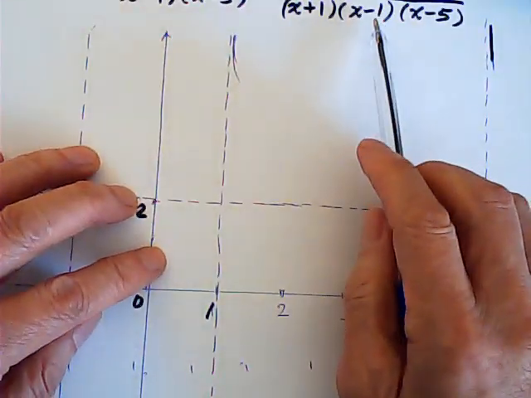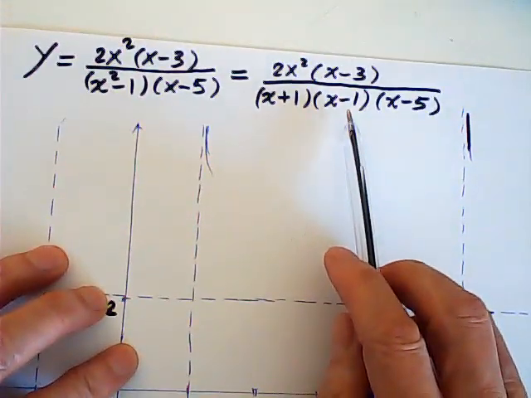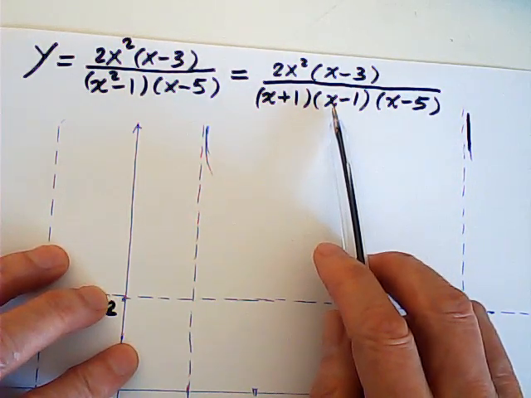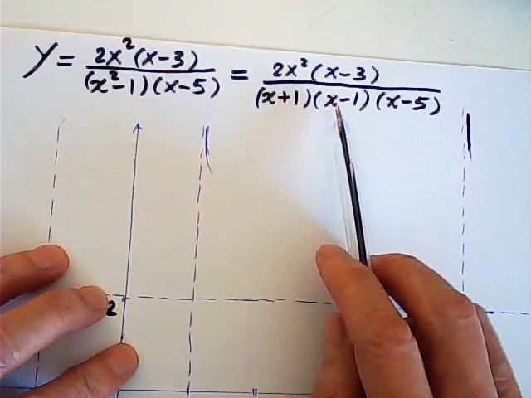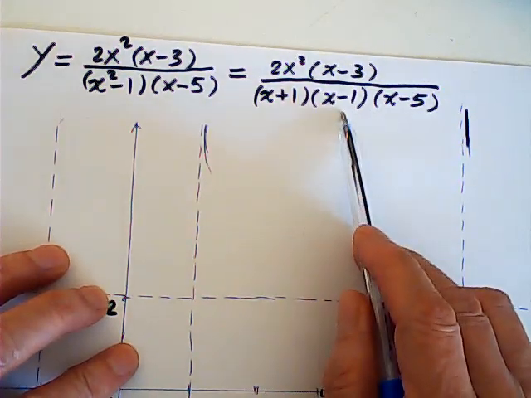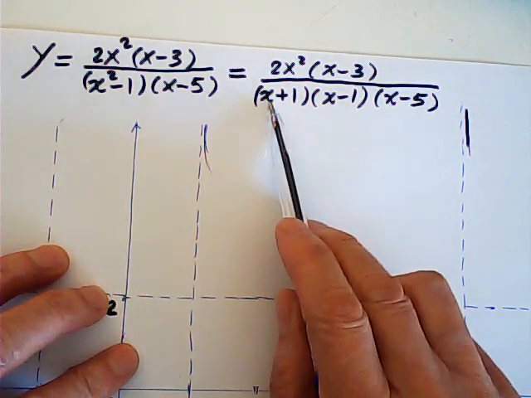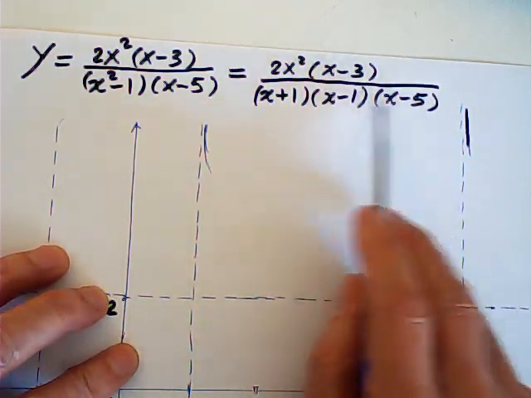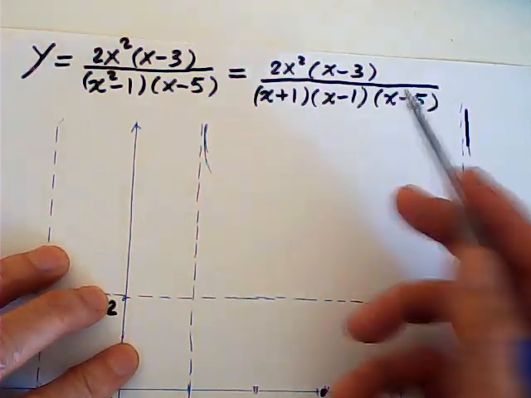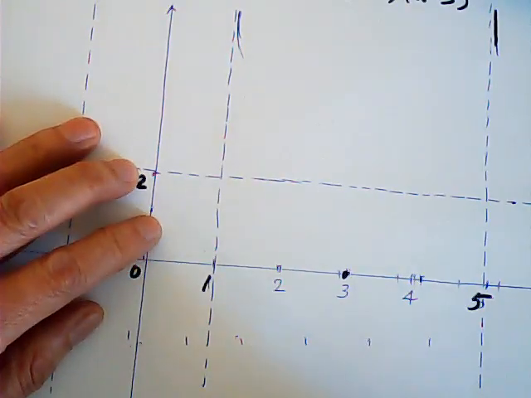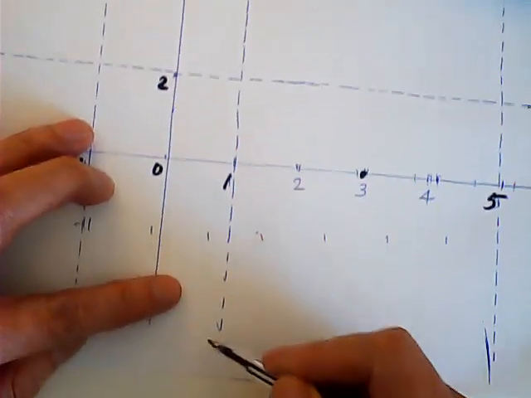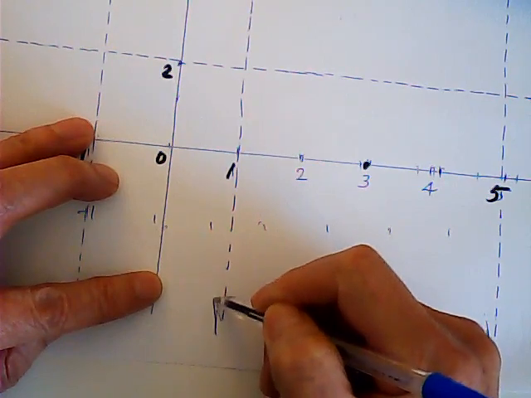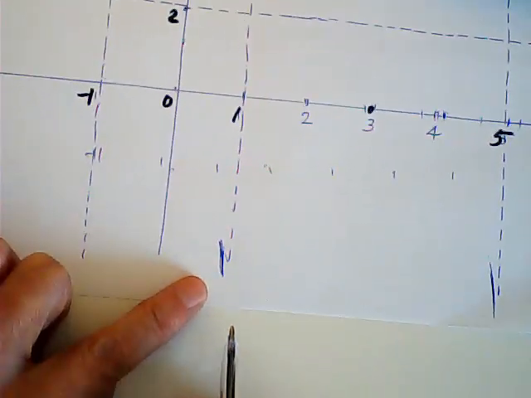When x is approaching 1 from the left-hand side, that means x is 0.99999 something. So this is negative, negative, positive, negative, negative, negative, three negatives. Therefore, overall, it's negative. So when x approaches 1 from the left, it approaches negative infinity. That is this here.